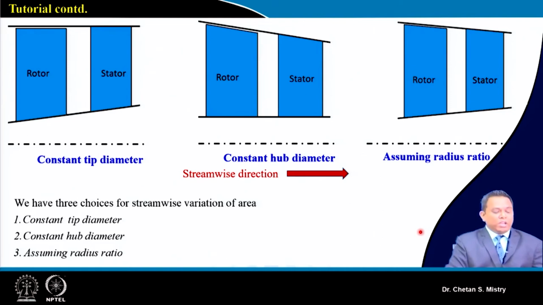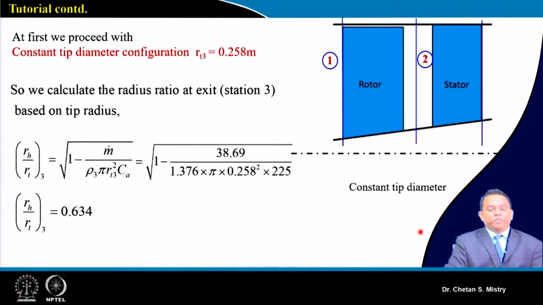Now, in this case, we will go with a constant tip diameter configuration. Do not get confused at this moment. We will be discussing the same design with two different approaches. We will discuss this design with a constant tip diameter configuration, and we will also discuss our design with a constant hub diameter configuration.